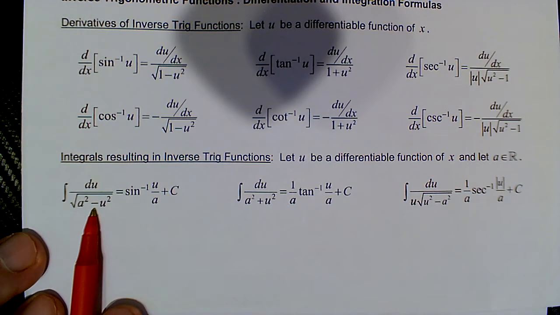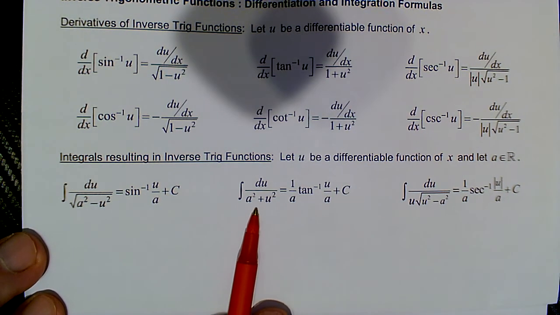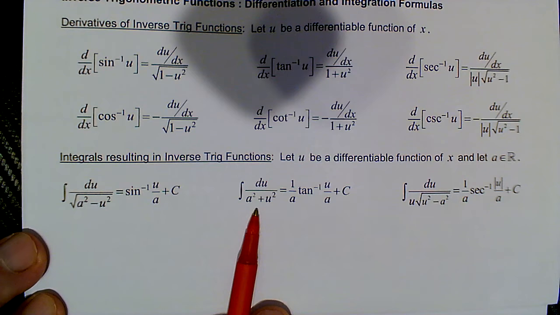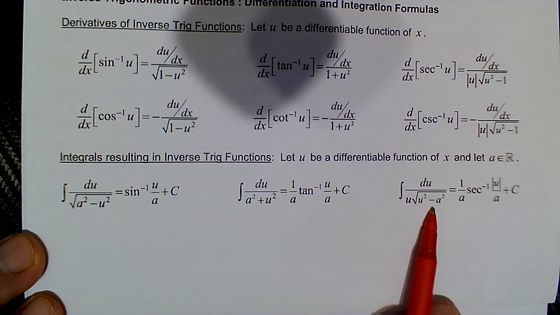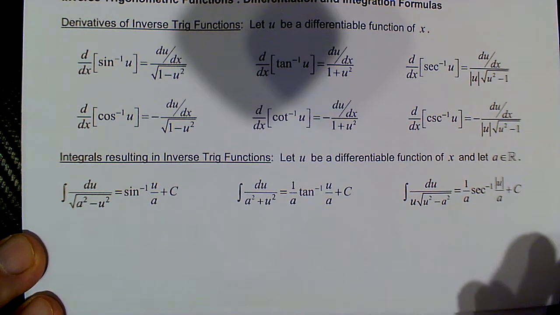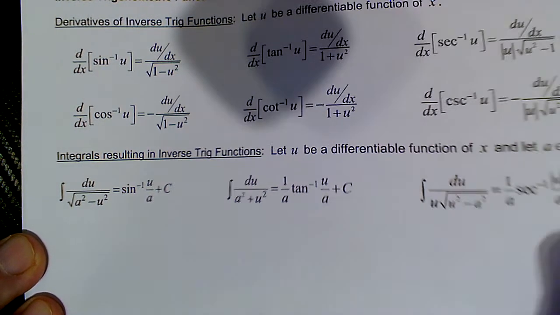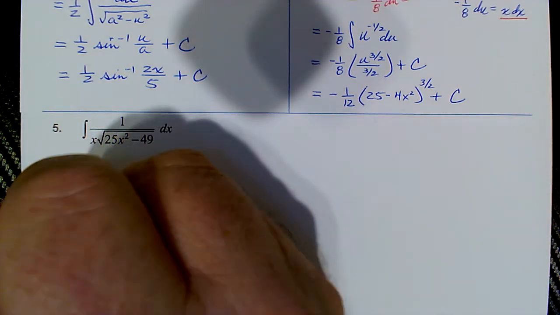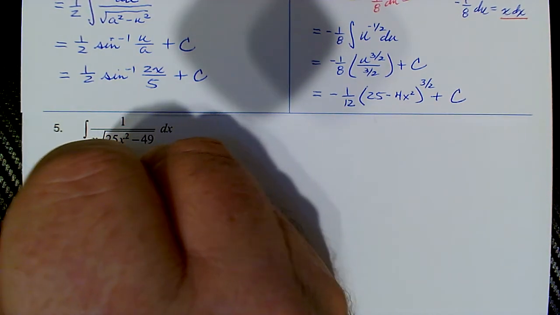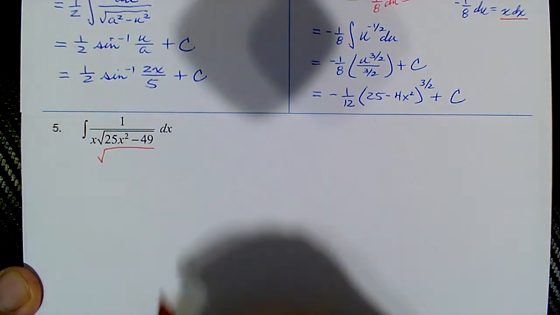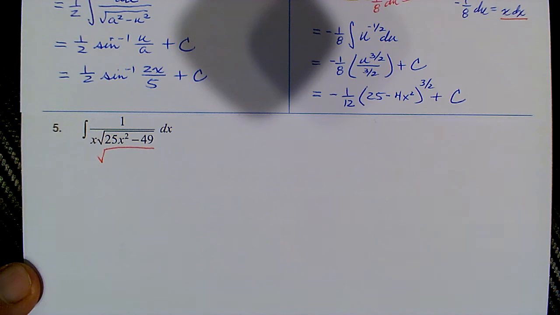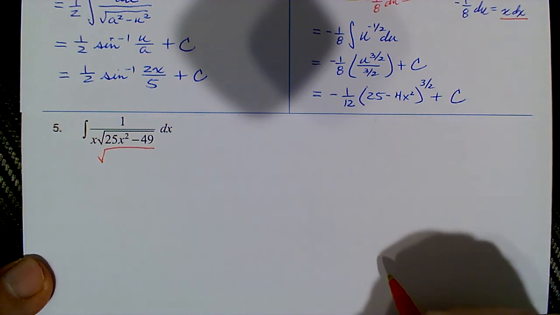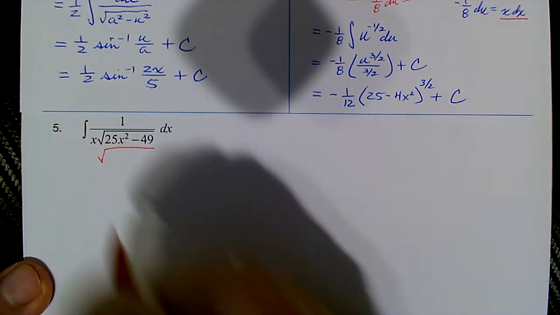Square root of a squared minus u squared in the denominator, a squared plus u squared, no square root, and then another one with the square root of u squared minus a squared in the denominator. So what you do is you classify. If there's a radical, classify what's underneath in terms of a squared and u squared. And just remember that a squared is the constant and u squared is the variable.